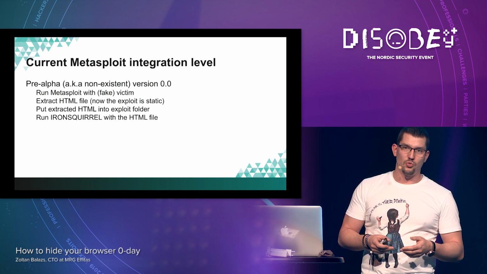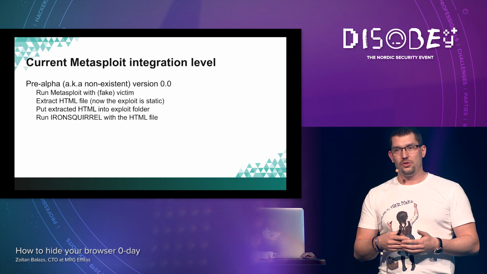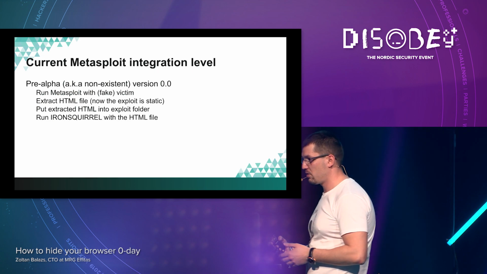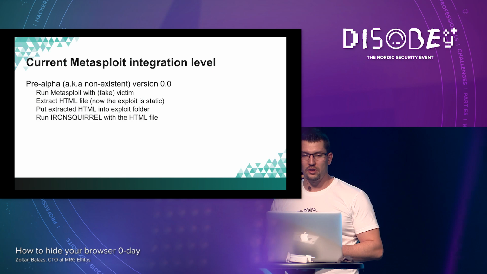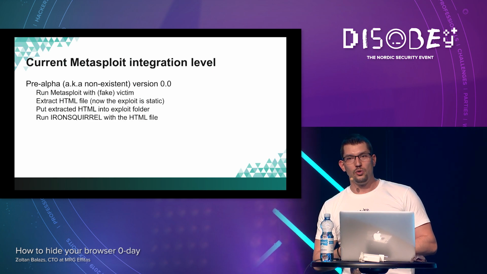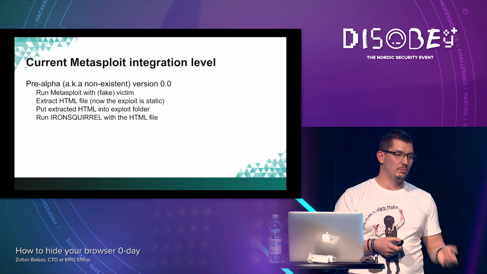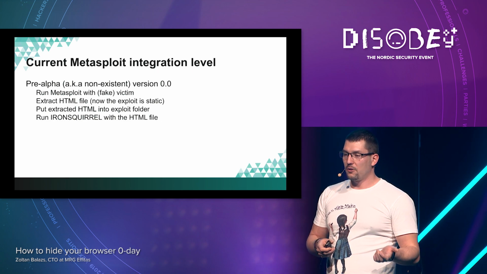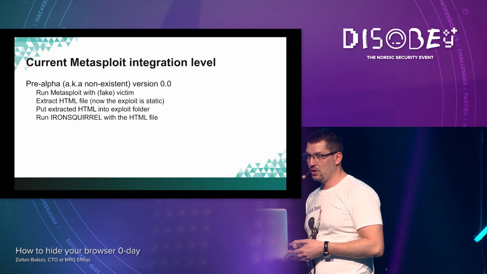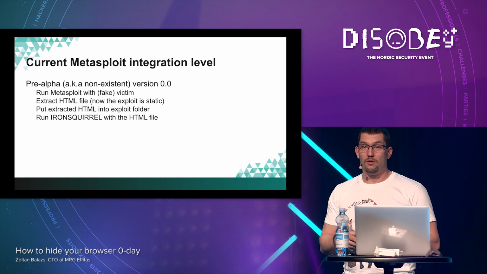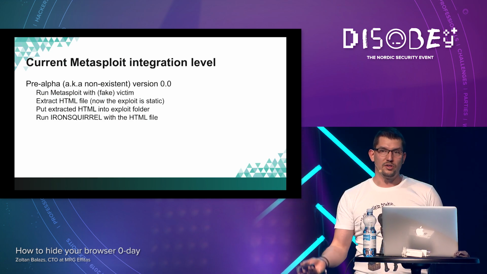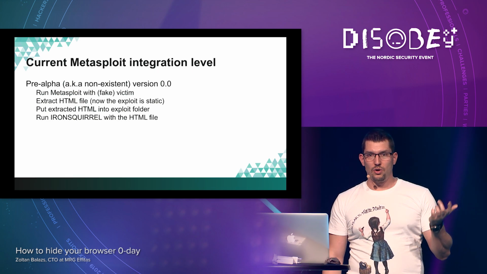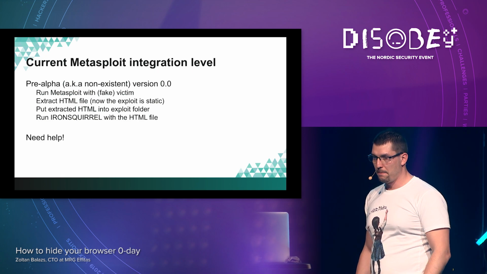But this is really messing with the core of Metasploit, how it works. So it's a lot more complex task to implement. So now what you can do is that if you have an exploit in Metasploit, you just run it against the target. You extract the static HTML file from the exploit. You put this file into the exploit folder of Iron Squirrel, and you run Iron Squirrel with that HTML file.